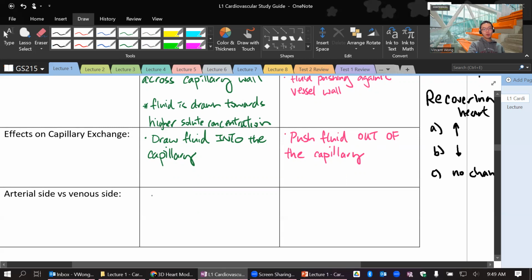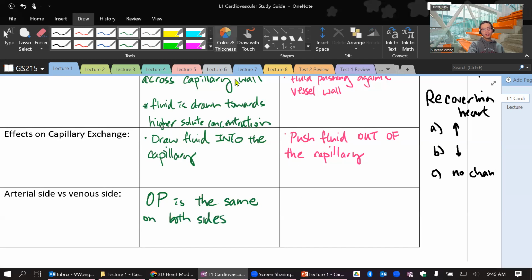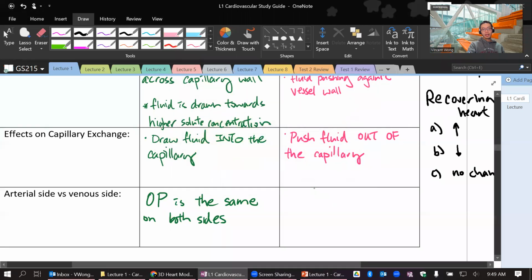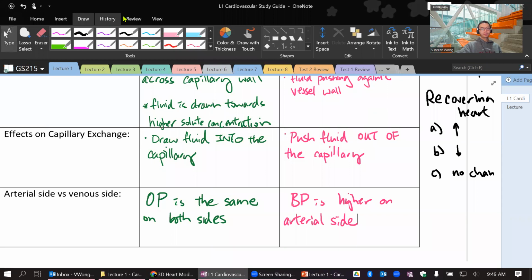So OP is the same on both sides. Whereas for the blood pressure, BP is higher on arterial side. Okay, that's that.